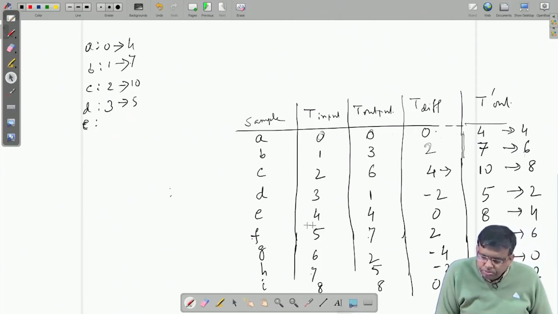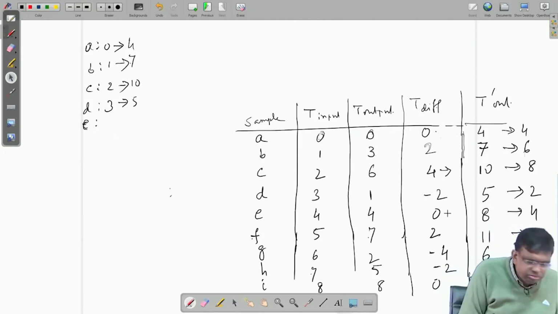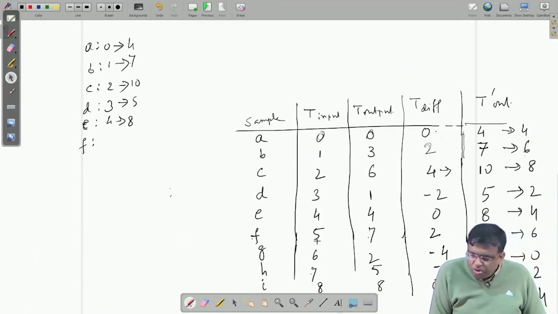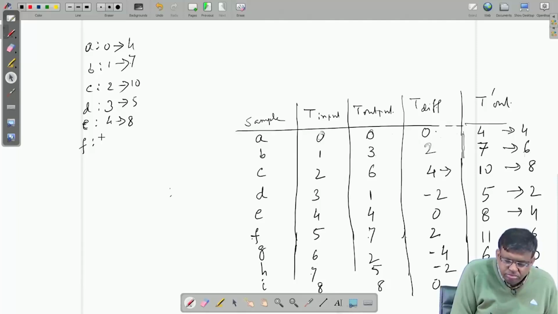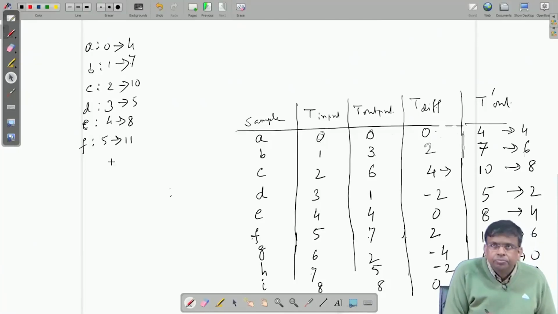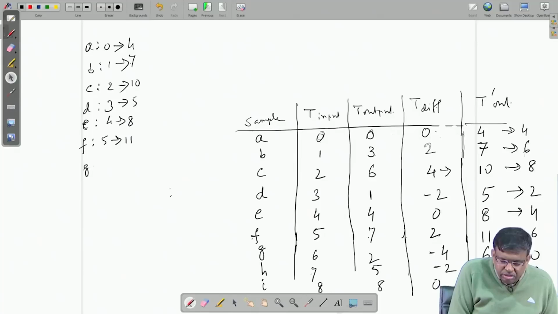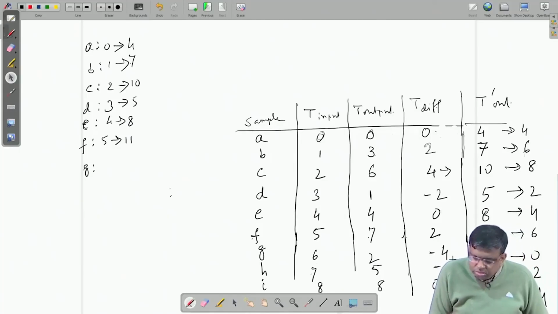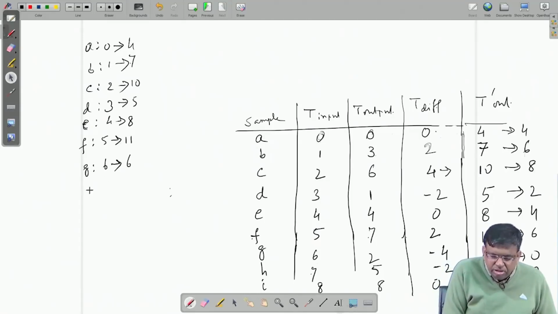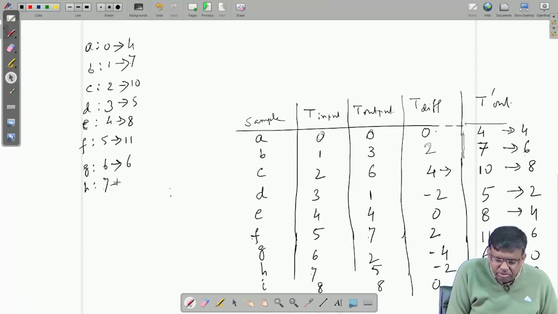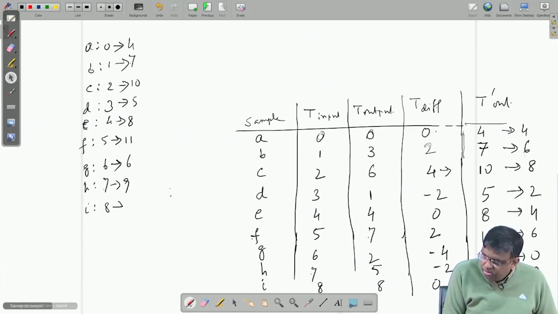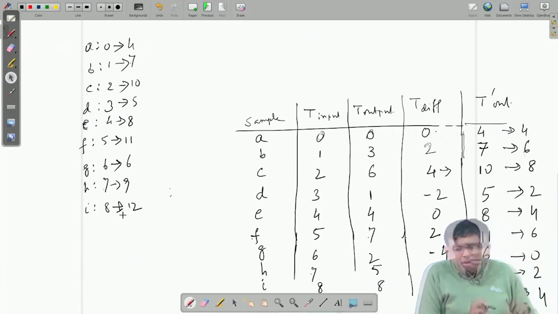E born in 4 goes up to 8. F born in 5 goes up to 11. G born in 6 goes up to 6, born and dead in the same cycle. H born in 7 goes up to 9, and I 8 to 12.